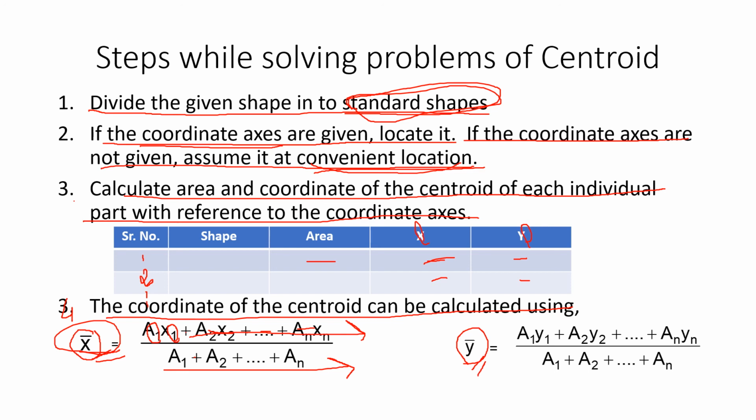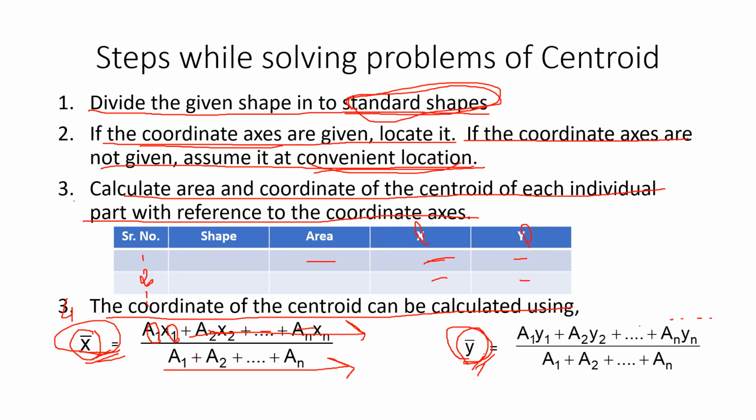In the same way, A1 y1 plus A2 y2 and so on, up to the number of shapes, upon A1 plus A2 up to An, this ratio will give you y bar. This x bar and y bar is what they have asked; we have to locate its CG. With the help of this x bar and y bar, we can locate the CG of the given shape.